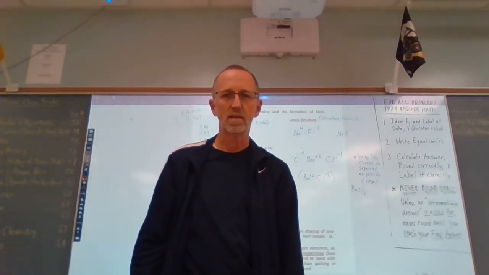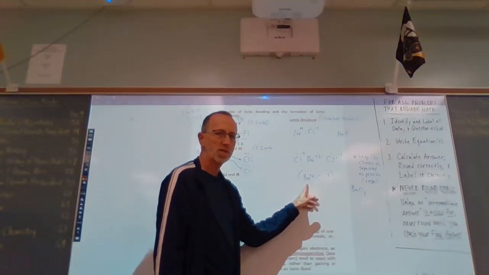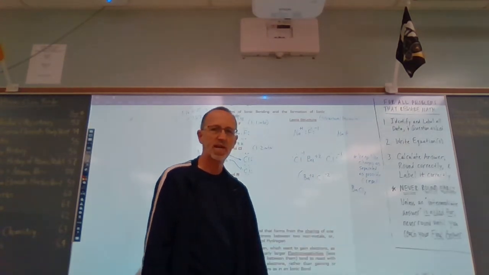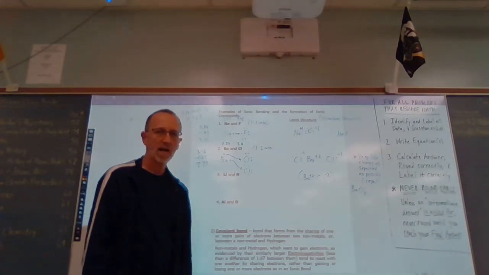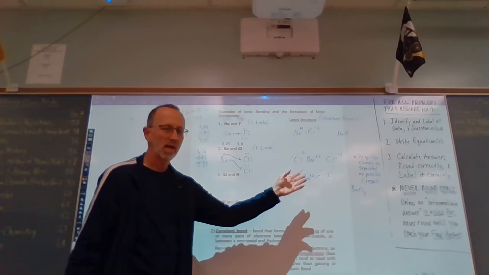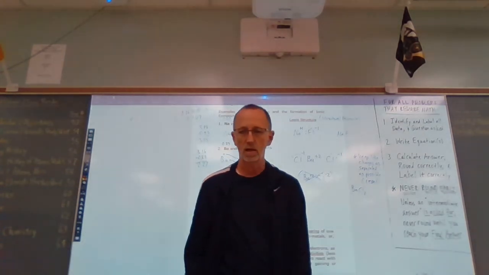Well, no, it doesn't. Look at it. We're showing a barium ion with a charge of +2, which is correct, but now we're showing 1 chlorine ion with a charge of -2. Is that what we have? And the answer is absolutely not. So if you think you can shortcut the drawing by doing that, well, you could, but it's wrong. All right, it's wrong.